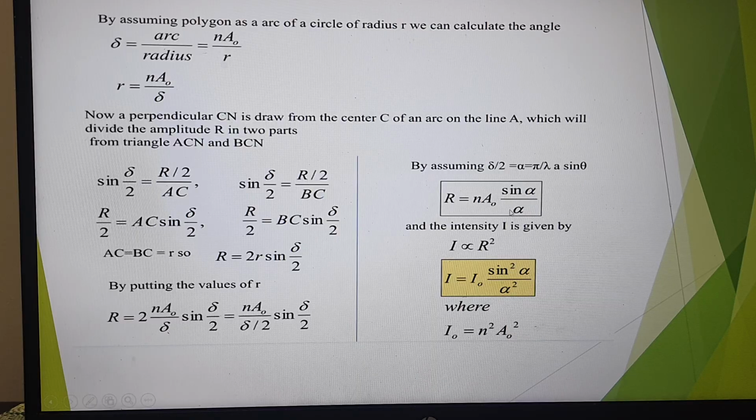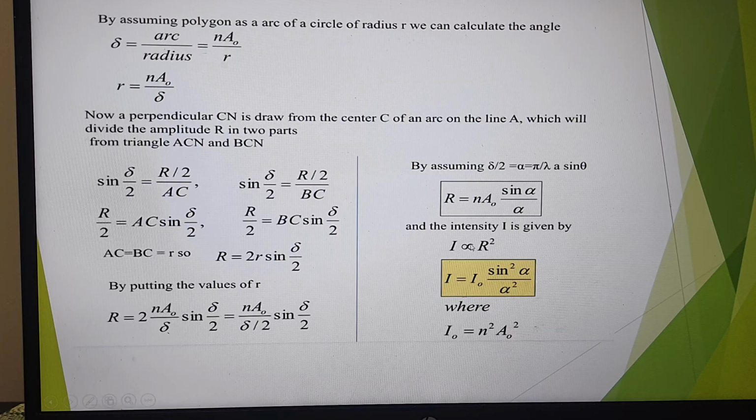What is alpha? Taking delta by 2, we get alpha equals pi by lambda a sin theta. And the intensity is directly proportional to the amplitude squared, that is the resultant amplitude.